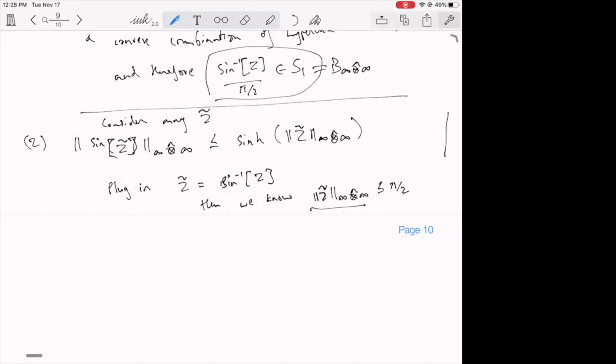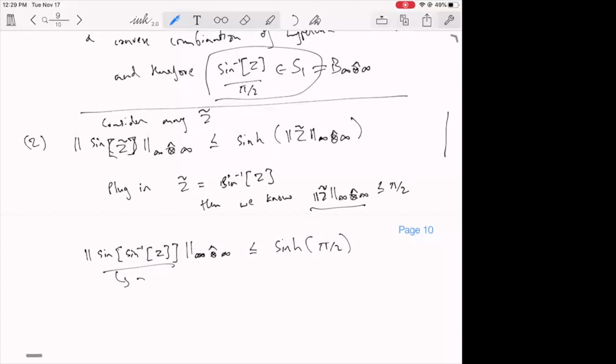Then we obtain that the projective tensor norm of sine inverse of Z is at most hyperbolic sine of pi over 2.